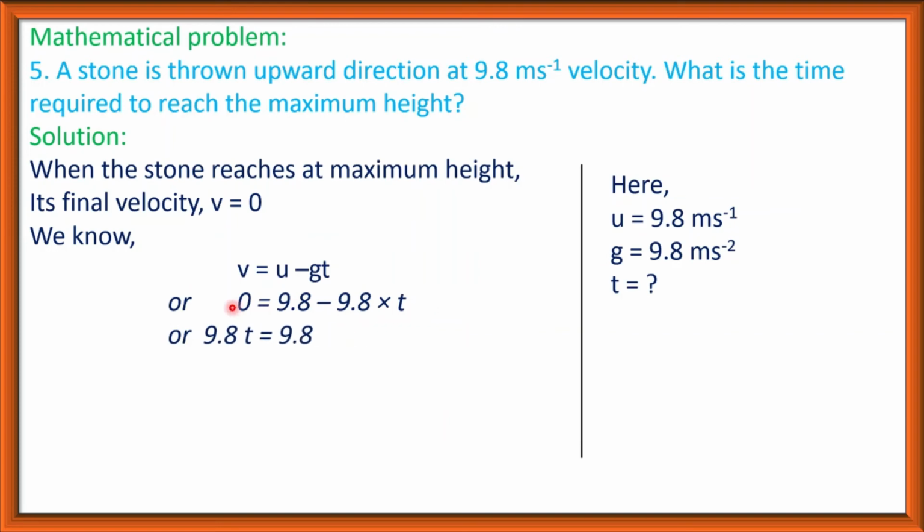Or 9.8 into t is equal to 9.8, or t is equal to 9.8 divided by 9.8 is equal to 1 second. So after 1 second, the stone will reach the maximum height.